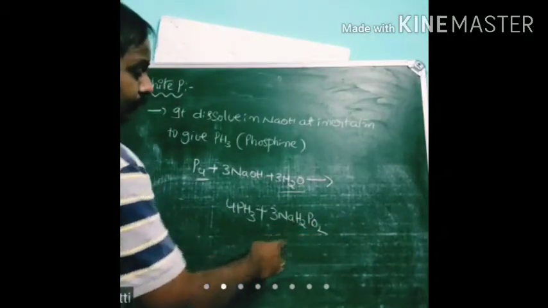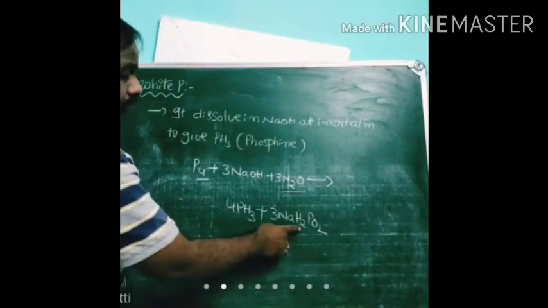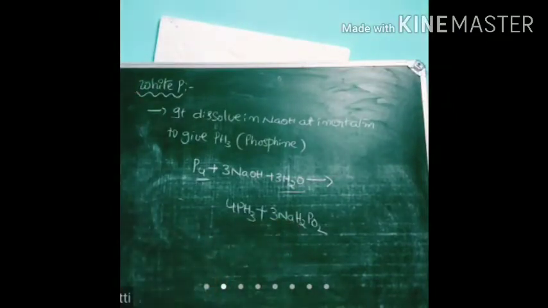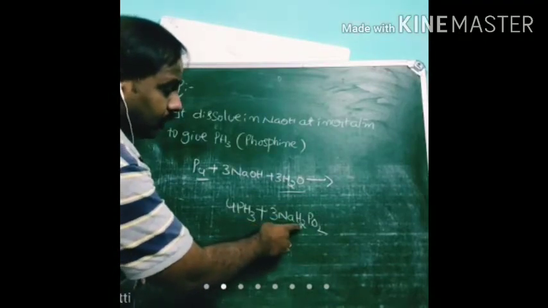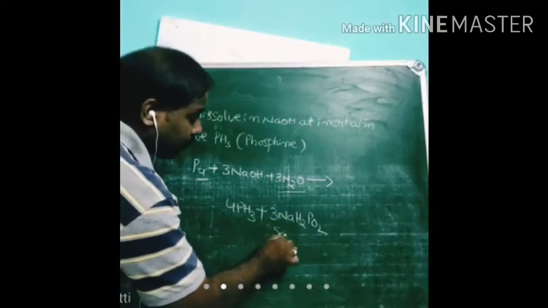H3PO2 is called hypophosphorus acid. Here sodium is there, so it is a salt, called sodium hypophosphite. If hydrogen is there, it is called hypophosphorus acid.